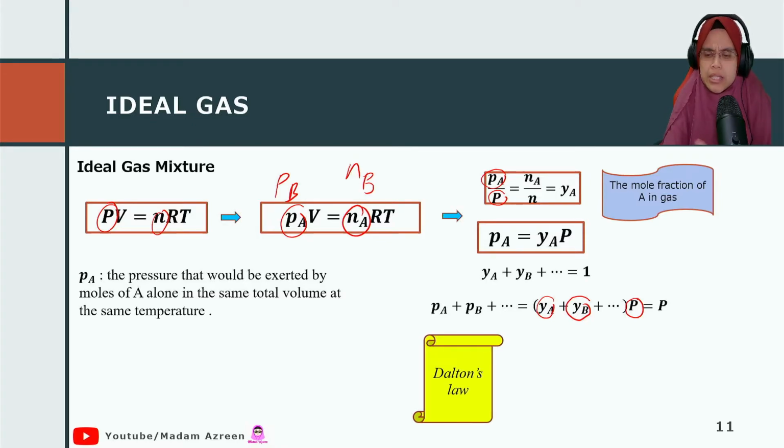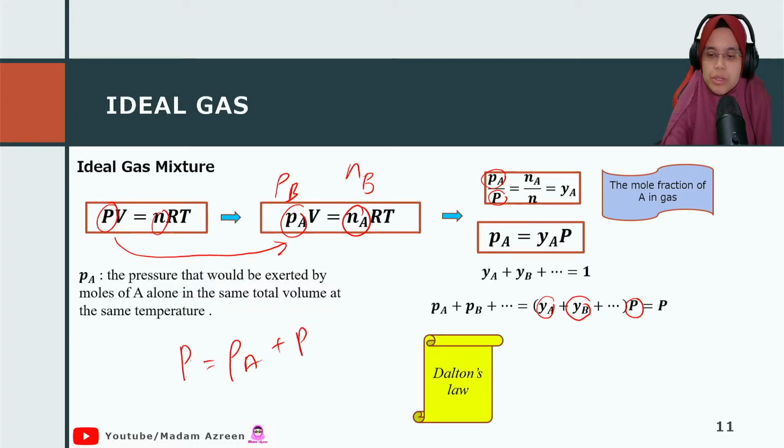You will learn in detail about this law in your thermodynamics subject. But here, it's enough for you to understand that when you have a gas mixture, from P it becomes a partial pressure of A or B. The total pressure is a summation of each pressure, whether it is A, B, or C, or D, regardless of how many species you have.